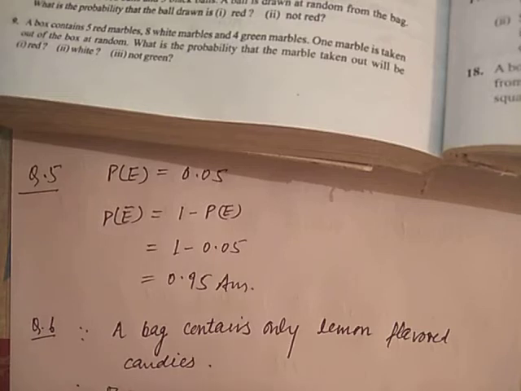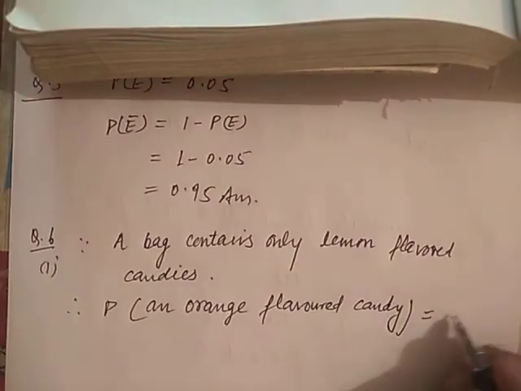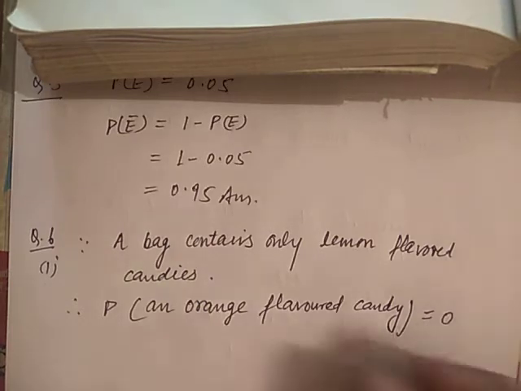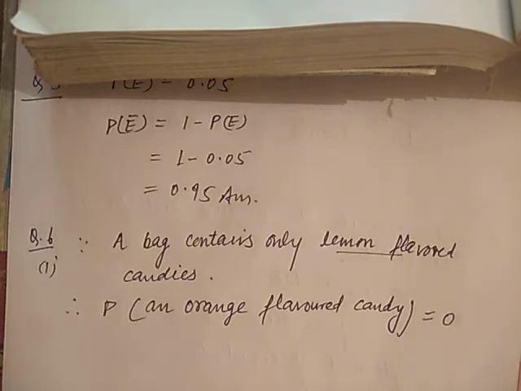Therefore probability of an orange flavored candy, first part we can say, will be equal to 0 because it has only lemon flavored candy, so orange flavored candy will not be there.